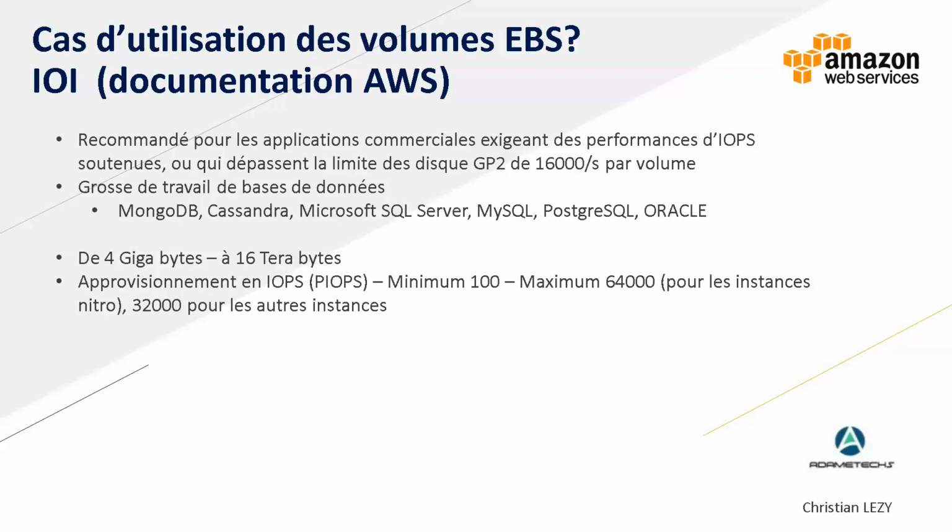For IOPS, we are at a minimum of 100 for a maximum of 64,000 inputs and outputs per second for nitro type instances, but they are not part of this training. Generally, we will have machines that can run at 32,000 operations per second, but we will first see how this is set in the console for an IO1 disk.